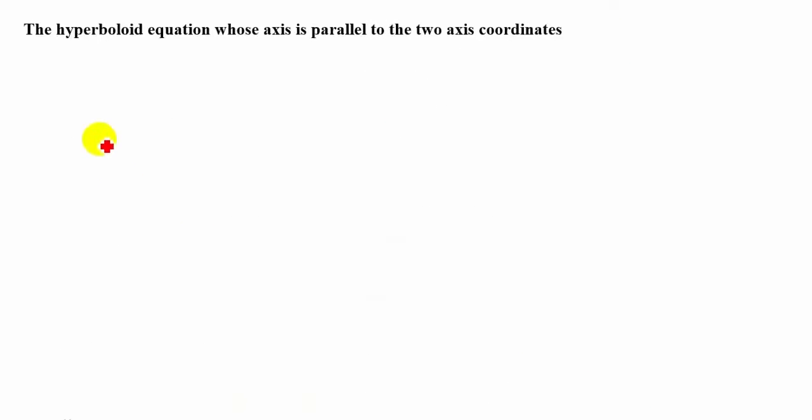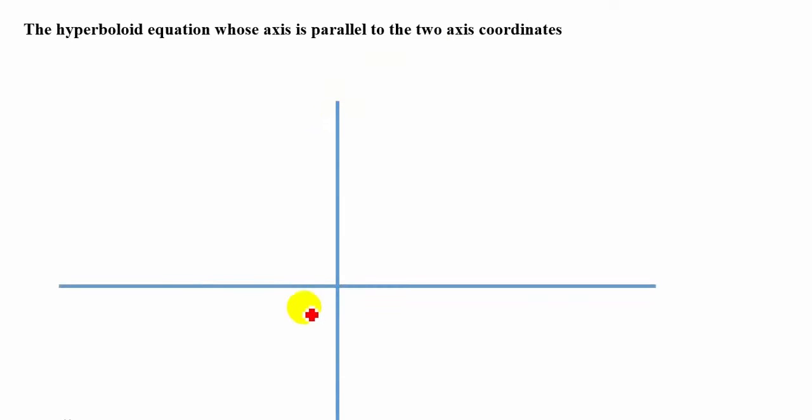Let's see the hyperbolic equations whose axis is parallel to the two coordinate axes. That means I'm going to move our original point O to another coordinate, alpha and beta. That means this is not our original one, and our hyperbolic curve is not going to be at that origin, but it will be at the new one.